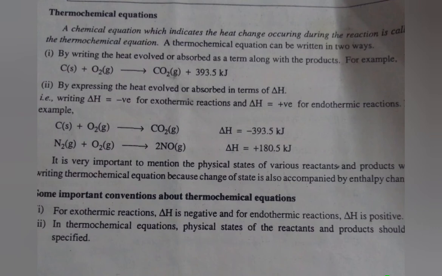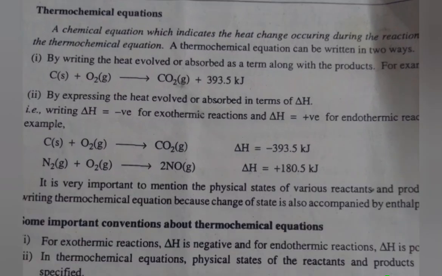Or the same equation can be represented in terms of delta H value. That means after the chemical equation you have to mention the value of delta H. So C plus O2 gives CO2, along with that, delta H is equal to minus 393.5 kilojoules. Keep in mind, for an exothermic process delta H value will always be negative. For an endothermic process delta H value will always be positive.